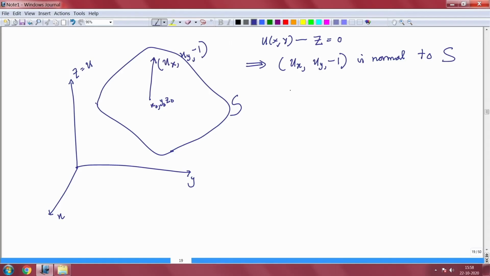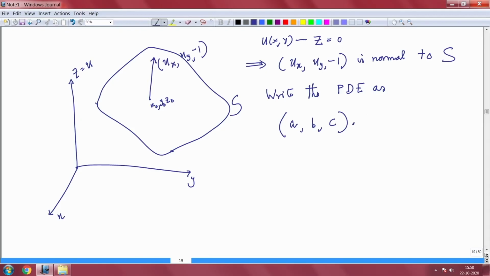Now, what is my PDE? I am going to write my PDE as (a, b, c), dot product with (u_x, u_y, -1), equal to 0. I am not writing the arguments, but keep it in mind all the time that a, b, c are not constants; they depend on x, y and u.